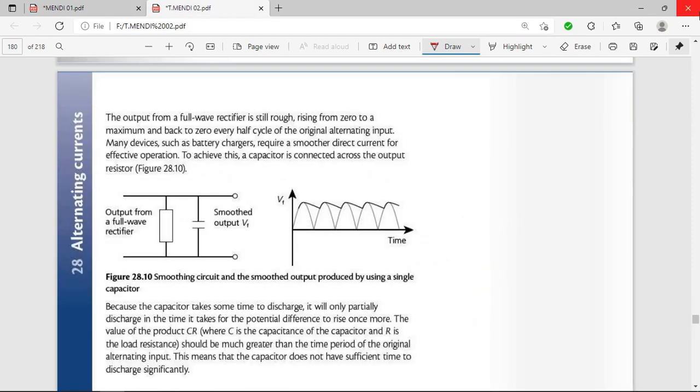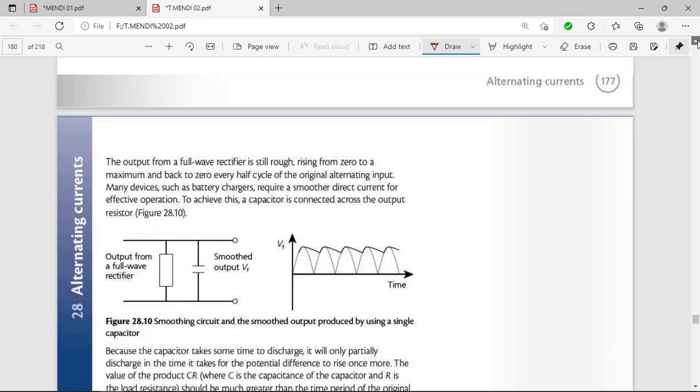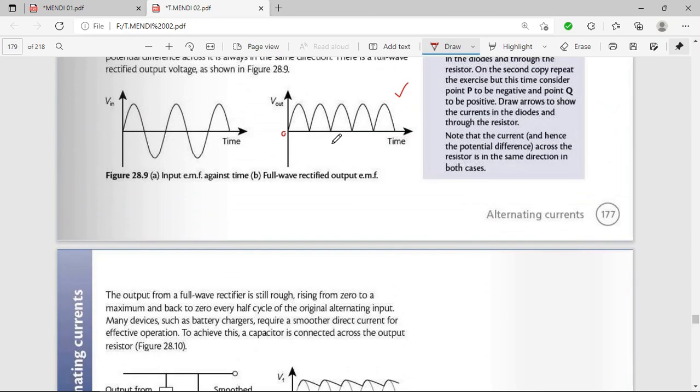If we put a capacitor in parallel, it is going to discharge when the voltage starts to fall down. It is going to discharge at the moment when the voltage starts to decrease. Then the capacitor will discharge, then the voltage will increase up to the peak.